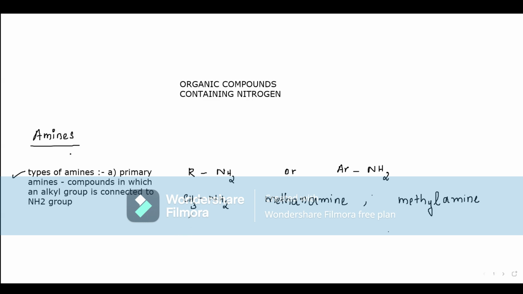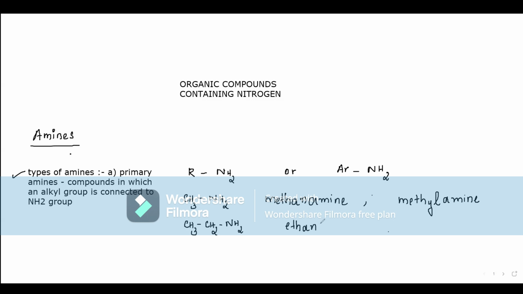Now, moving on with the next example. CH3CH2NH2. What is this? There are two carbons. Therefore, the root word will be eth. Saturation, that means single bond between carbons. To represent that, an is written.